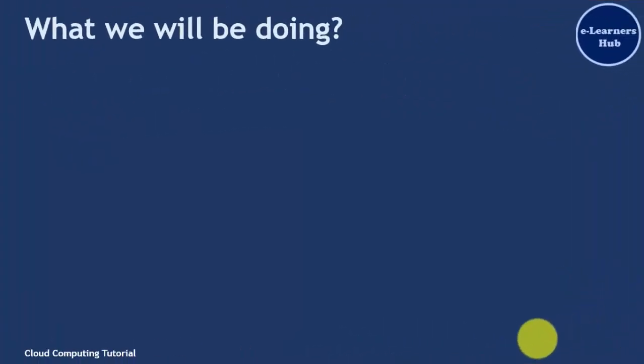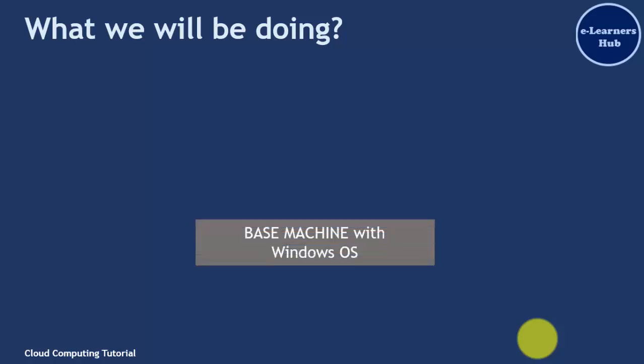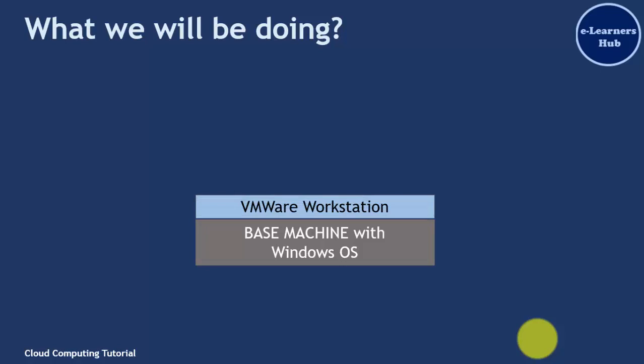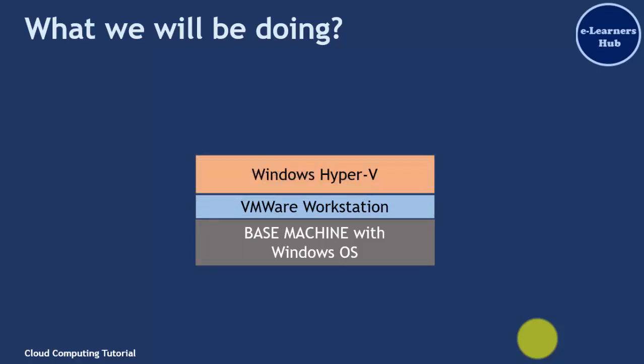So what we'll be doing in this session: we will be using a base machine with a Windows operating system. Any operating system, Windows 7, Windows 10. In this practical we'll be using Windows 10 as the operating system. On top of it we will be installing VMware Workstation, and we'll be creating a Windows hypervisor virtual machine.